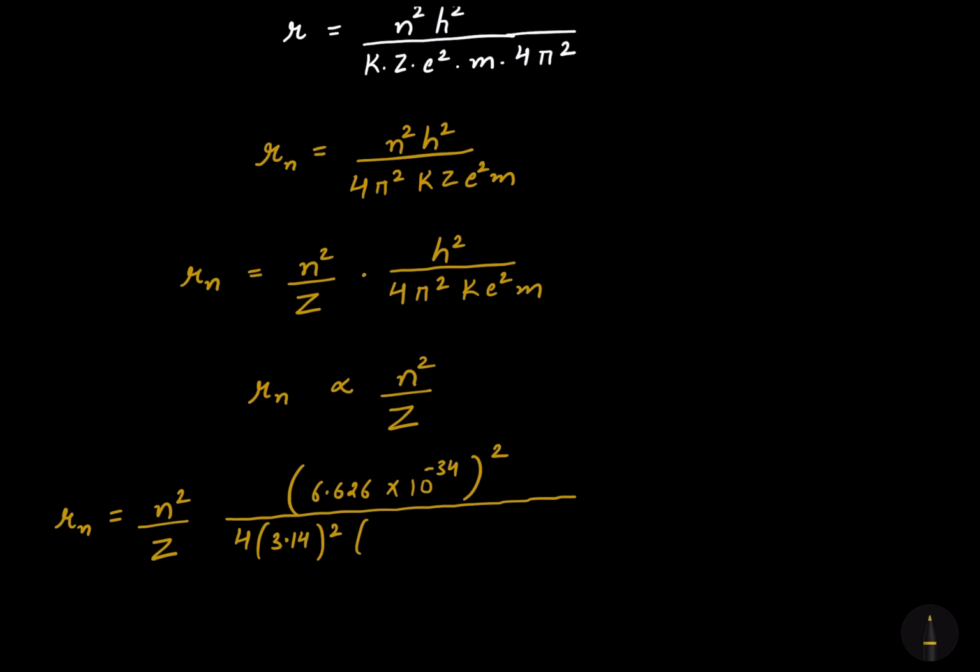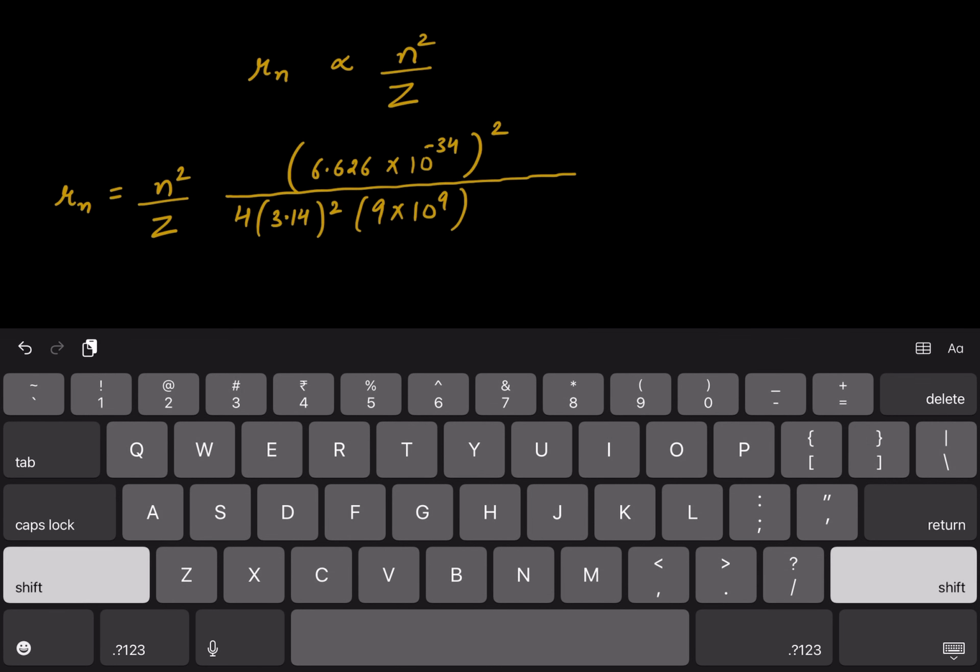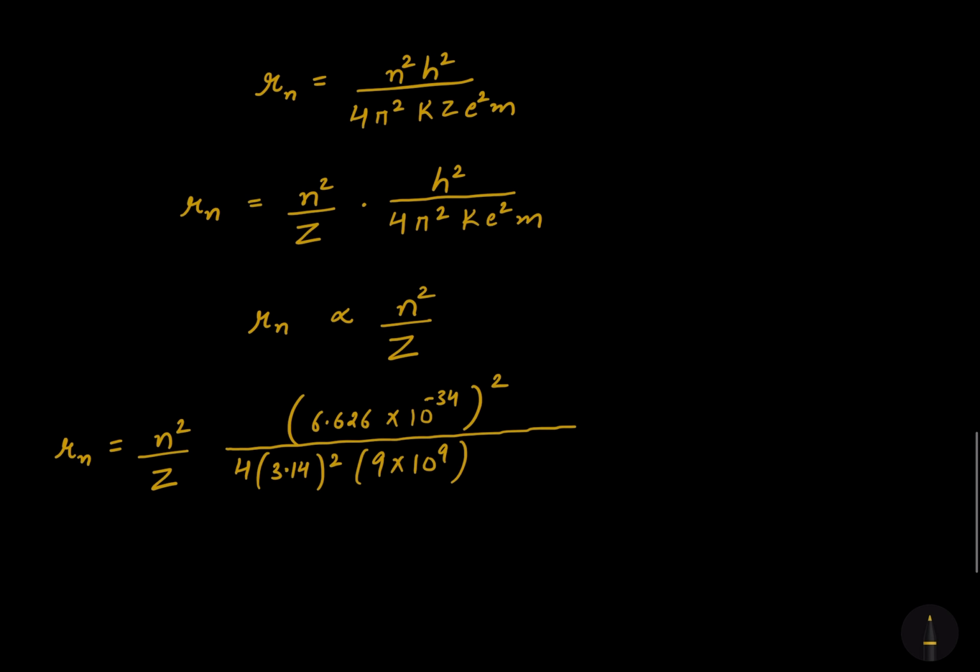K is the constant of permittivity; we take air or vacuum in an atom, so its value comes out to be 9 into 10 to the power 9. E is the charge of the electron, 1.6 into 10 to the power minus 19, squared. And M is the mass of the electron, 9.1 into 10 raised to the power minus 31.